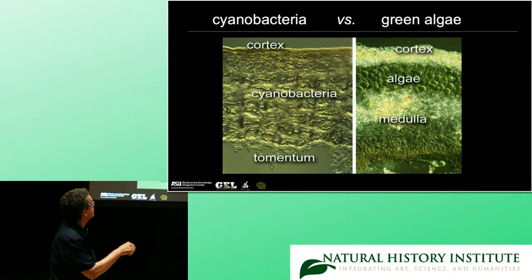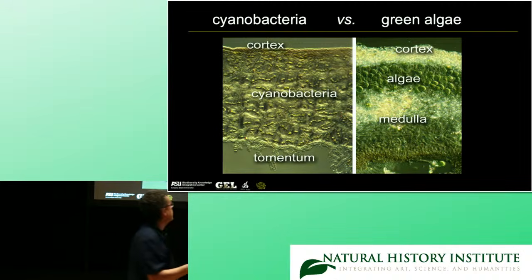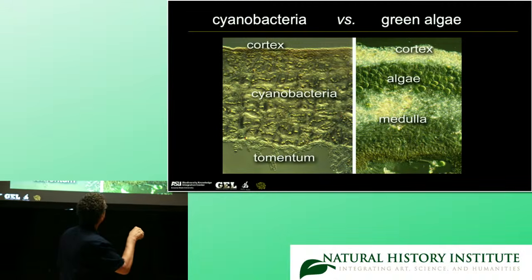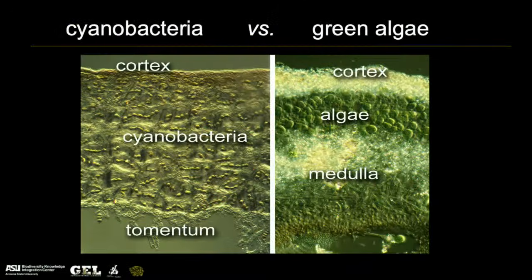And these guys here have green algae. And so these are quite organized, similar, at least analogous, to a leaf. They typically have an upper cortex, you have an algal layer, then they have a medulla, and they might have a lower cortex, right? And these cyanobacterial lichens are also organized in a similar fashion, but mostly they're a bit more chaotic, with the cyanobacteria all throughout.